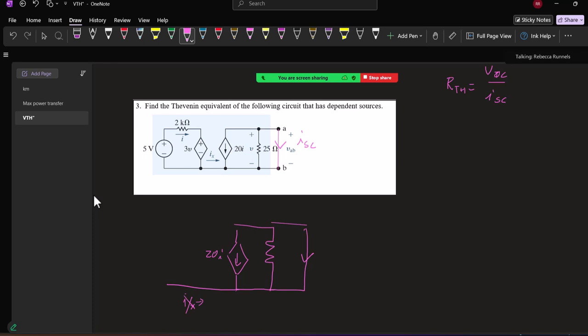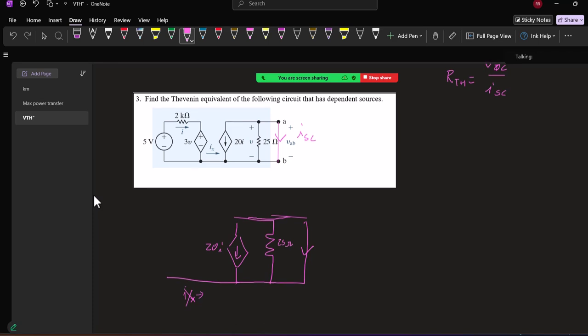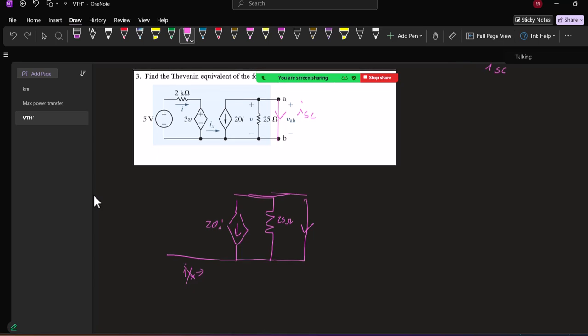Okay, are we going to have any current at all going through the 25 ohm resistor? No. No current going through the 25 ohm resistor because we've shorted it out.